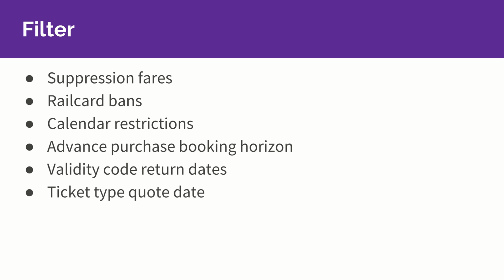Next one is the ticket type quote date. Every ticket type and many of the records in the data actually have a start and end date, but the ticket type has an additional one, which is the quote date, which basically means you can't use it in queries until that date has passed.